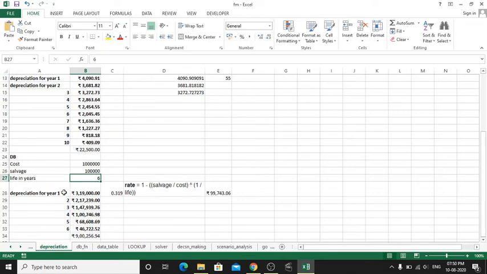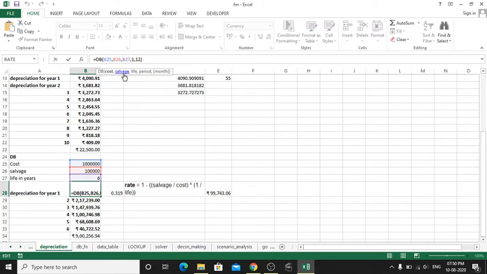So for the depreciation for year 1, what is the function and what are the arguments? The function is DB, and the arguments are cost, salvage, life, period, month. Here one more argument is month, and it is also optional. Since we are finding year by year, we know there are 12 months in a year, so we pass 12 as the last argument.